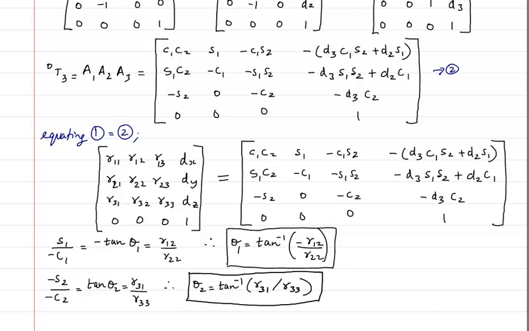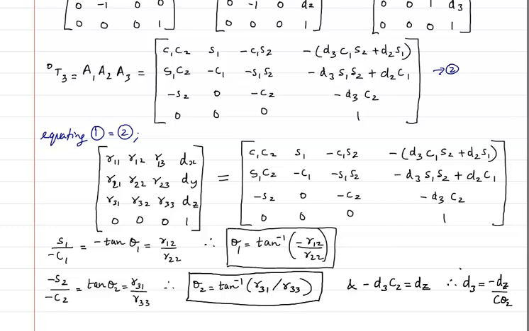So theta 1, theta 2 I have found out. Then I have to find d3, which is written here: minus d3 c2 is equal to dz. Therefore d3 is equal to minus of dz divided by cos theta 2.